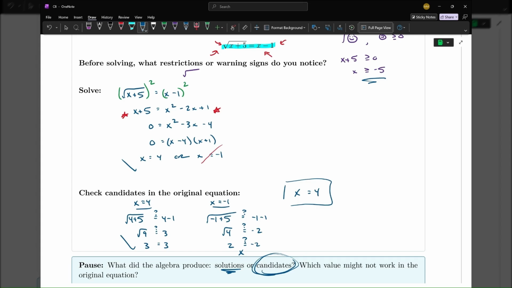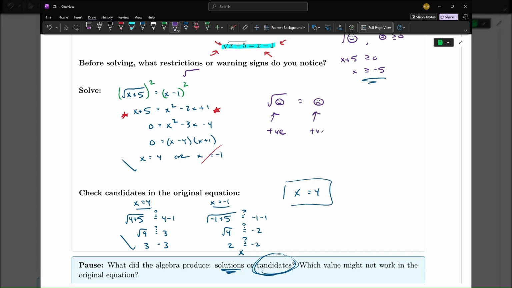Let's go back and ask, why didn't that one work? Well, with negative 1, we focused on the left side. But the other thing we know about the radical is that the result has to be positive. If I say smiley face equals sad face, I know if I square root a positive number, I have to get a positive.